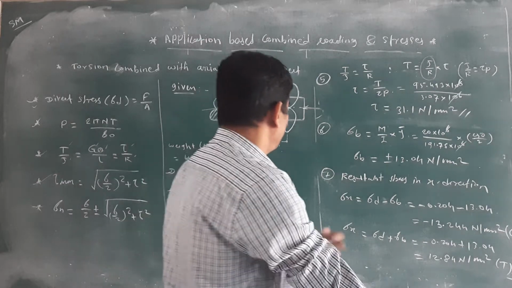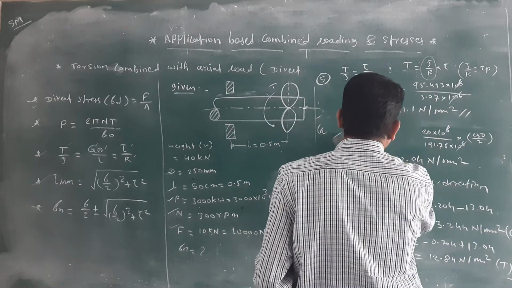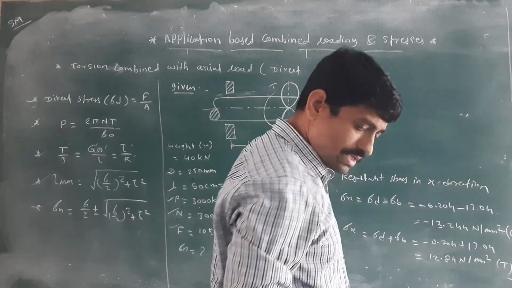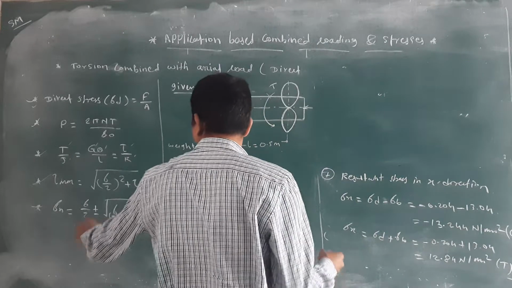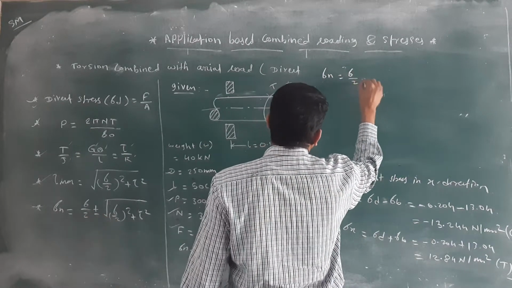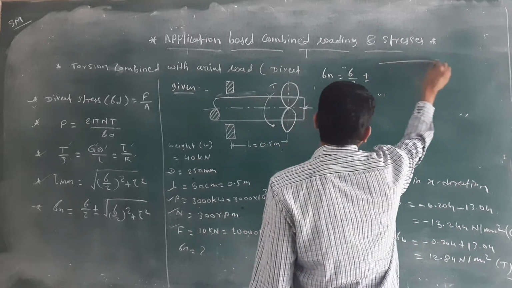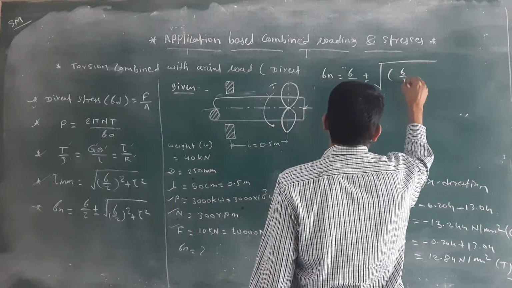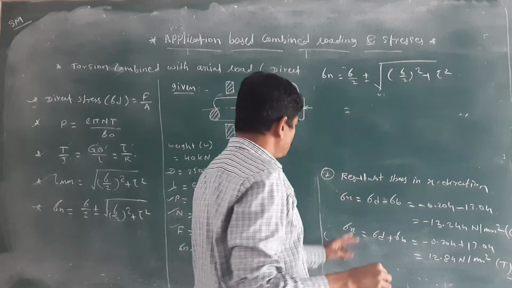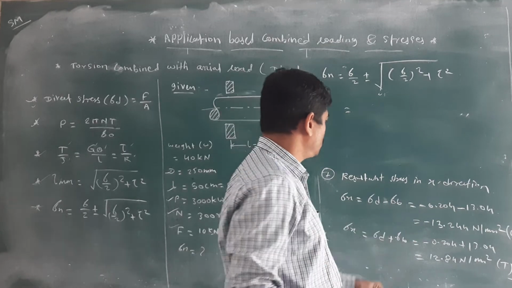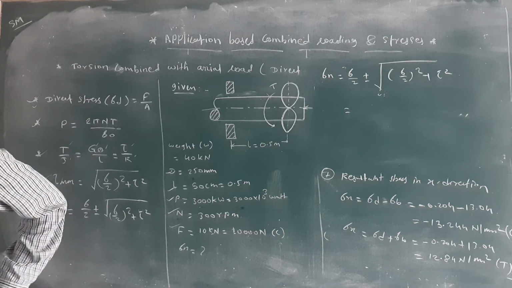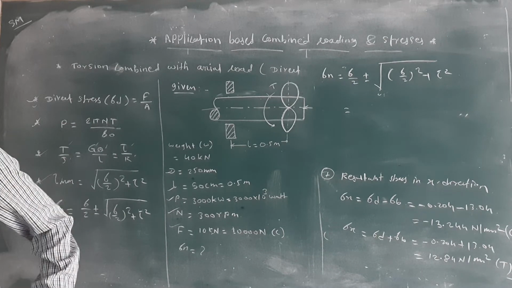Next, once you have calculated that, we will calculate the sigma n value. How to calculate sigma n? Sigma n is equal to sigma x divided by 2 plus or minus root of sigma x divided by 2 bracket square plus tau square. What is the value of sigma x? You have to choose between these two values.